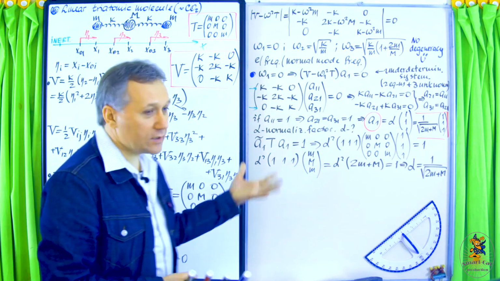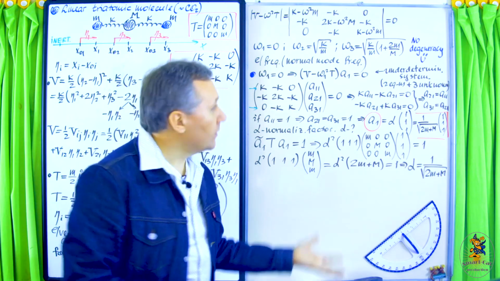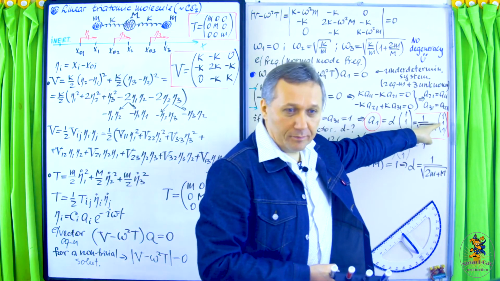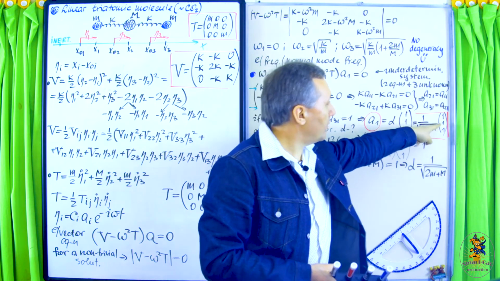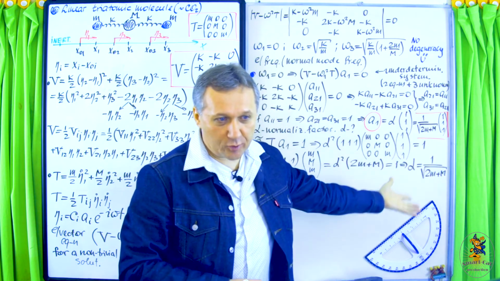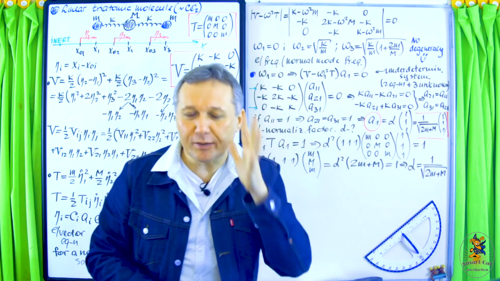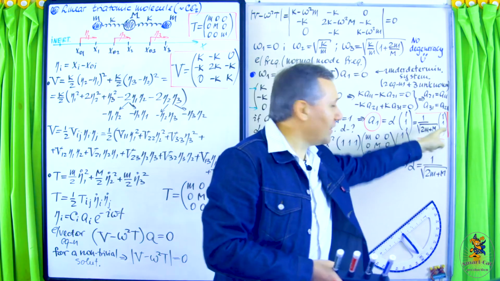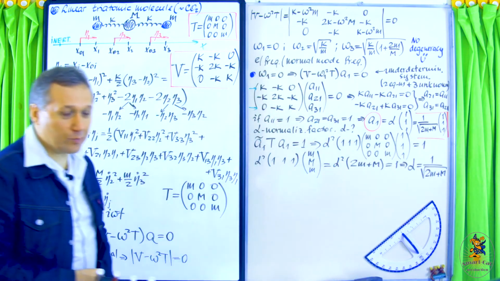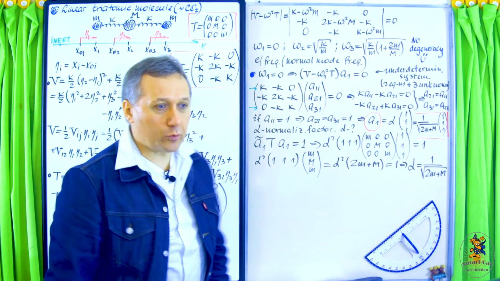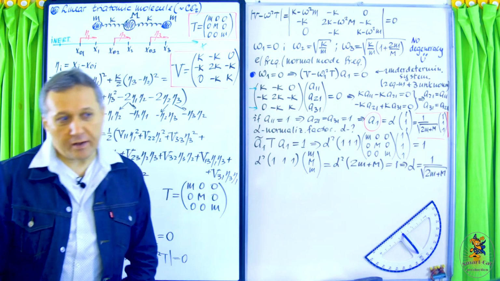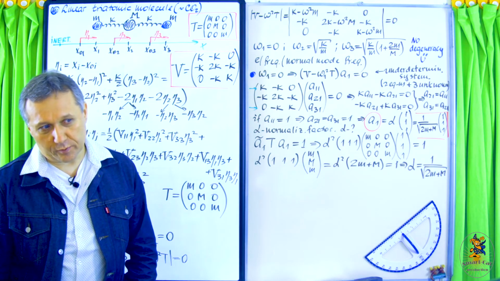Again, what is the meaning of an eigenvector? It's the amplitude of the first particle in the first normal mode, the amplitude of the second particle in the first normal mode, and then the amplitude of the third particle in the first normal mode. Right, so now we can draw a simple diagram describing the first normal mode.